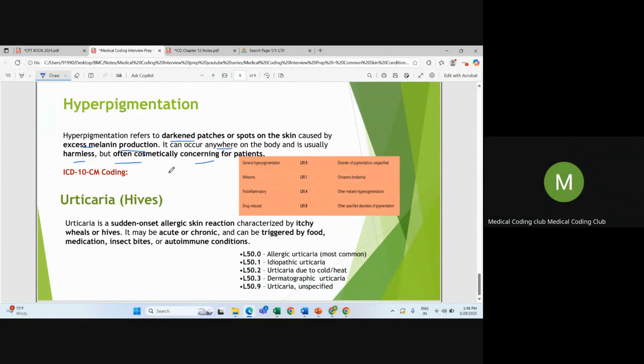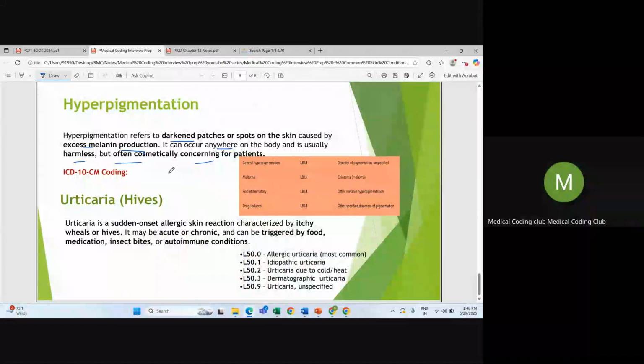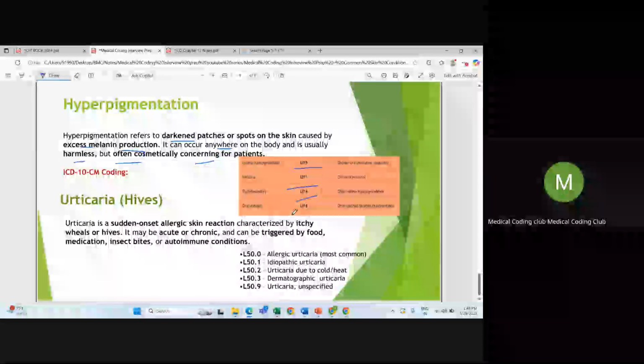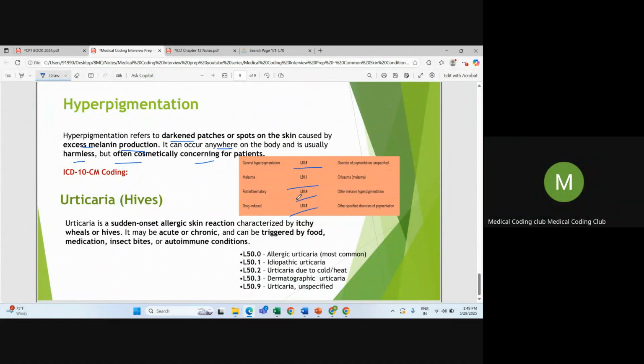Okay, so we will have types of hyperpigmentation, like post-inflammatory, or general hyperpigmentation, or drug-induced hyperpigmentation. Okay, all of this will be there. Or solar lentigo, we say, right? Lentigo is also an alternative word. And the ICD codes are the L81 series. Okay, this particular code set you can check for hyperpigmentation related skin medical conditions.